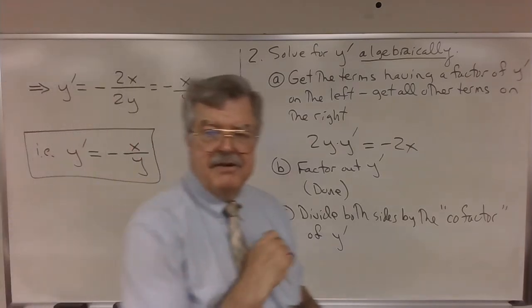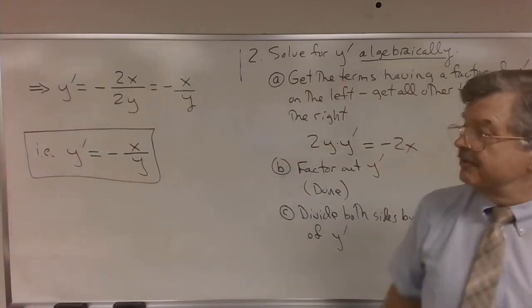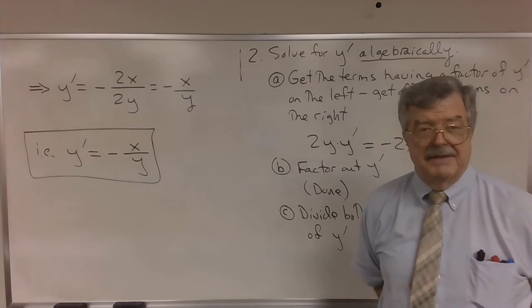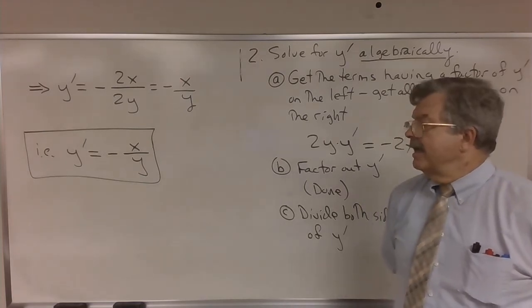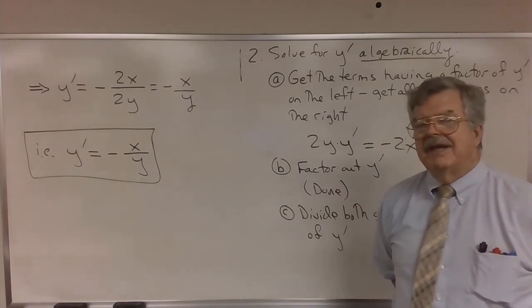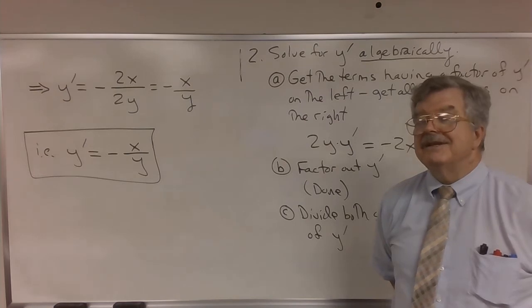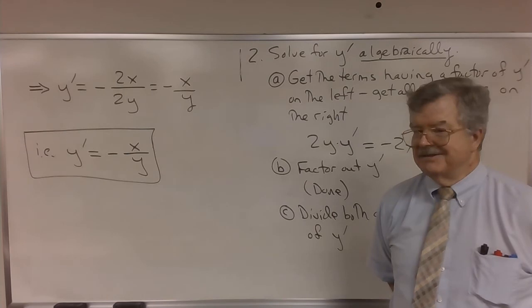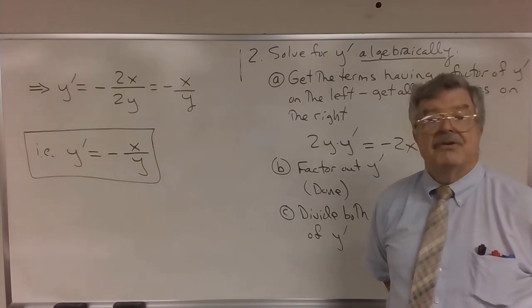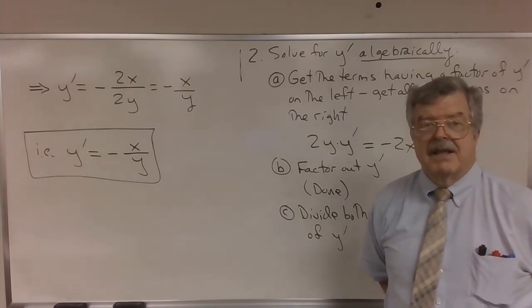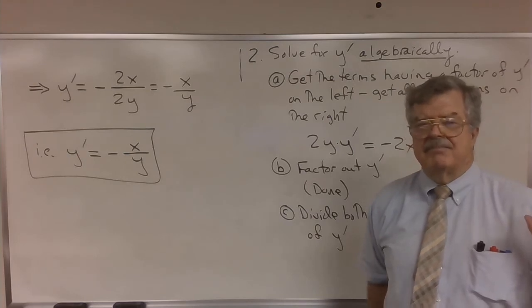Well, congratulations, we've just computed a derivative implicitly. And you may look at that and say, Dr. Rossi, you're not quite done yet. And you're right to say that. But actually, I am done.